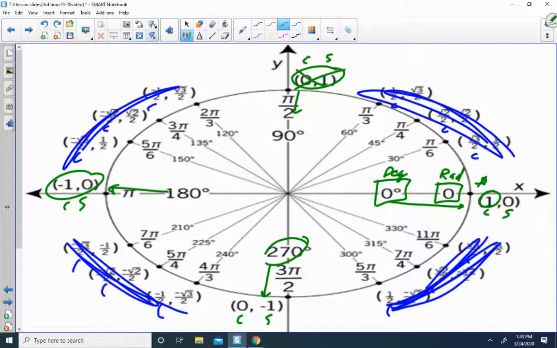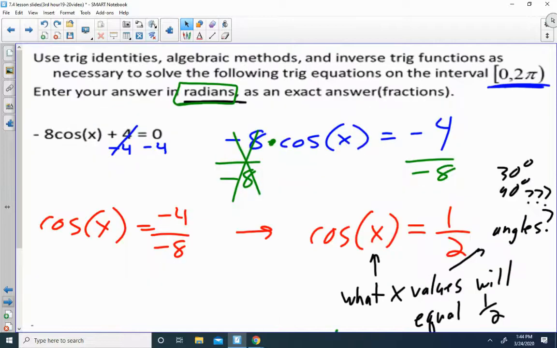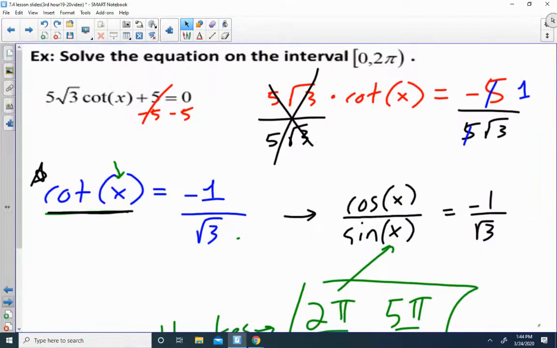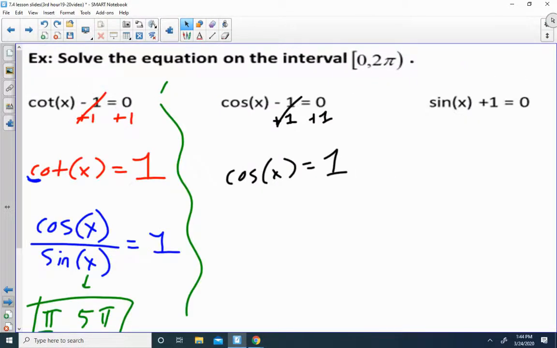Here, cosine is negative 1, we don't want that. Here, cosine is 0, we don't want that. So in this case, we only have one answer that works, 0 in radians.